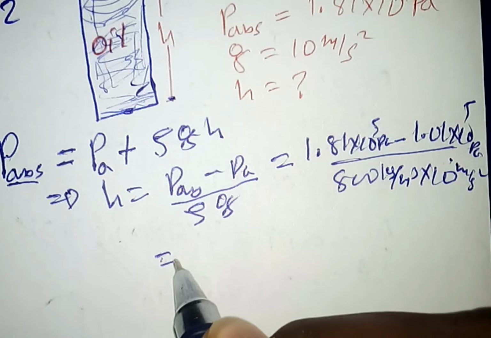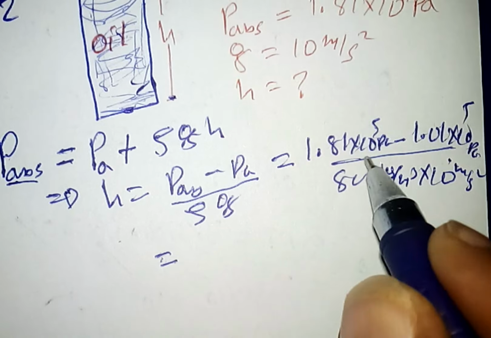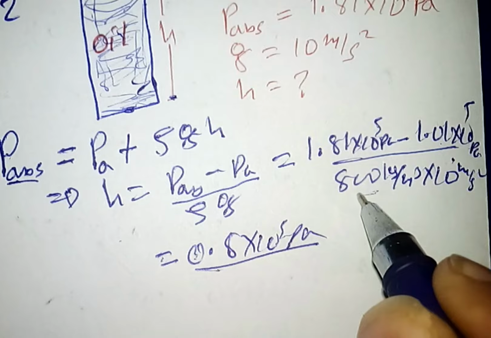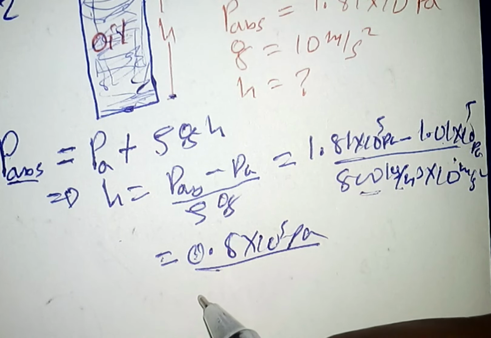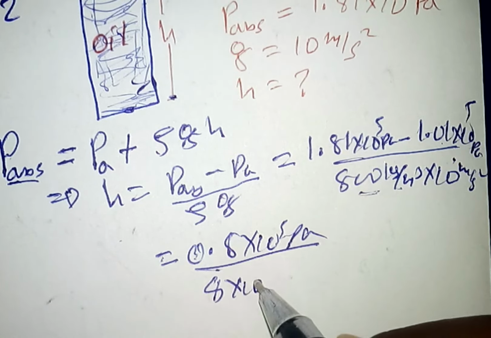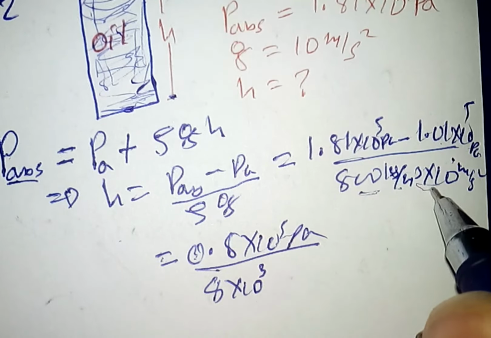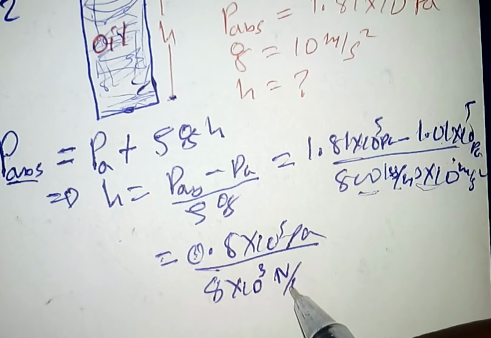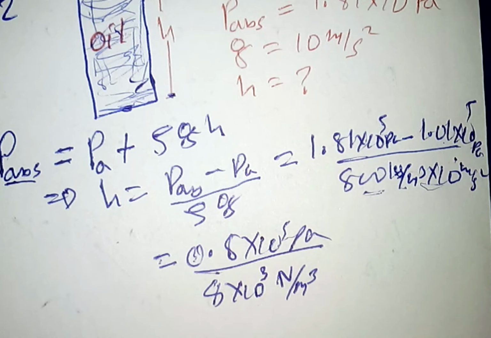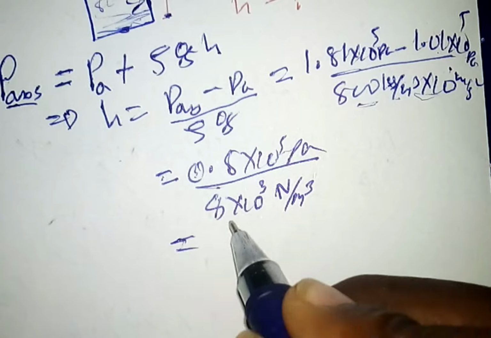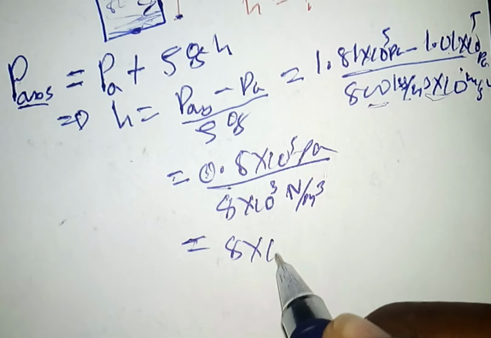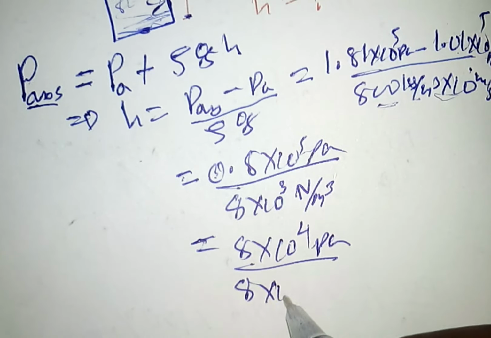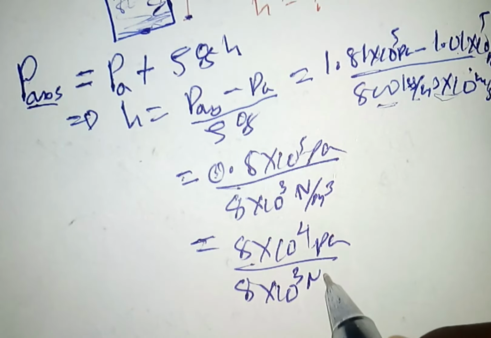If we subtract, we get 0.8 times 10 raised to 5 Pascal divided by 8,000, or simply 8 times 10 raised to 3 kilogram per meter cube times meter per second square, which is directly Newton per meter cube. So if we rearrange this number, the numerator is 8 times 10 raised to 4 Pascal divided by 8 times 10 raised to 3 Newton per meter cube.